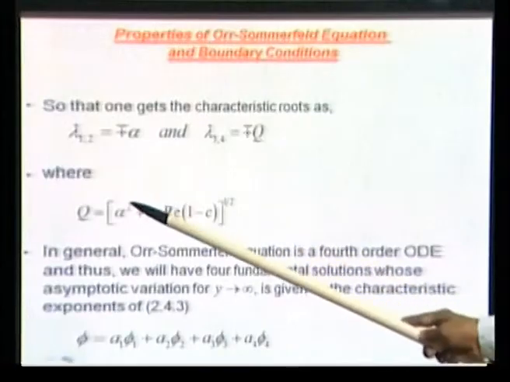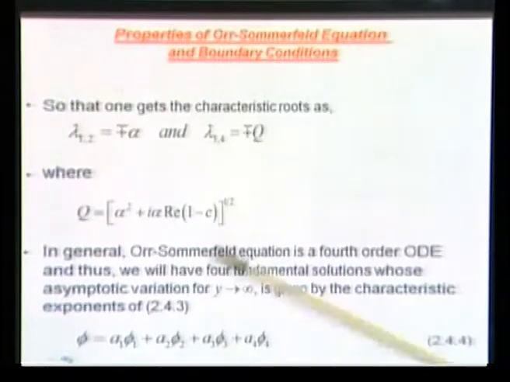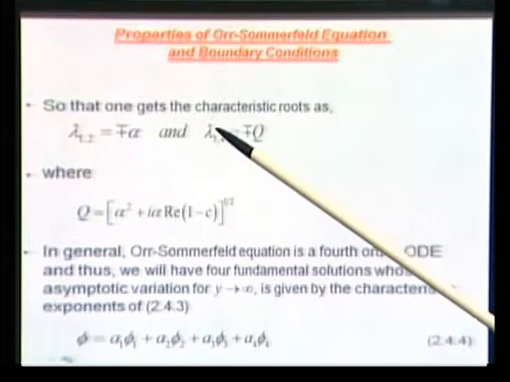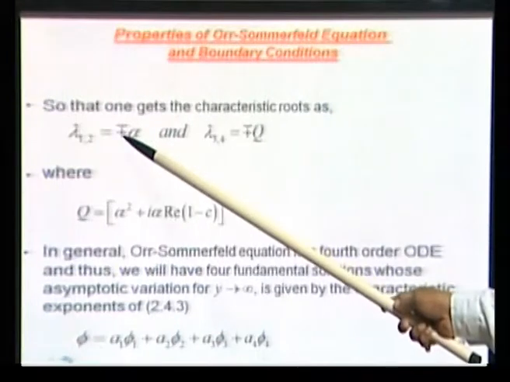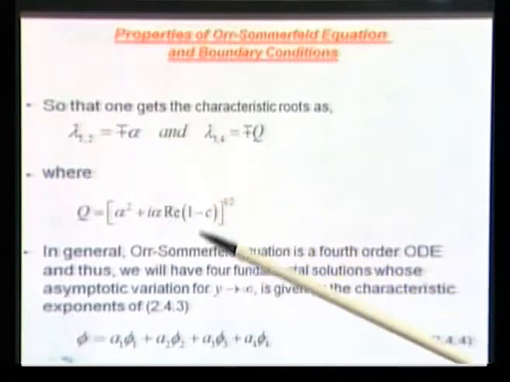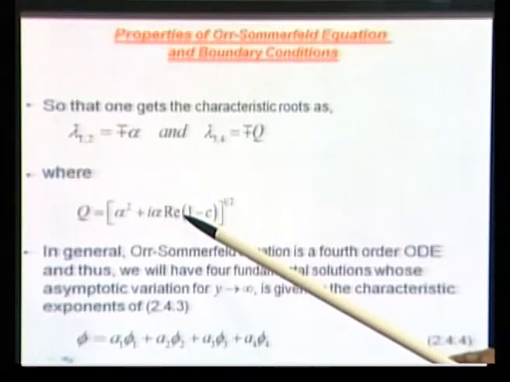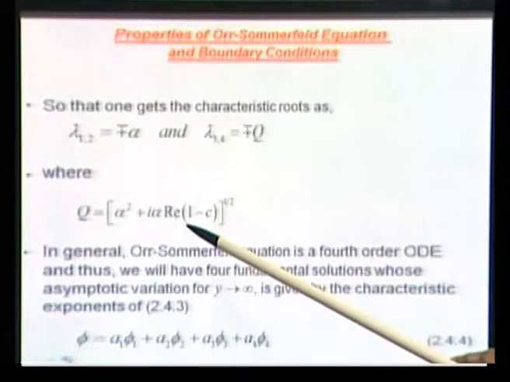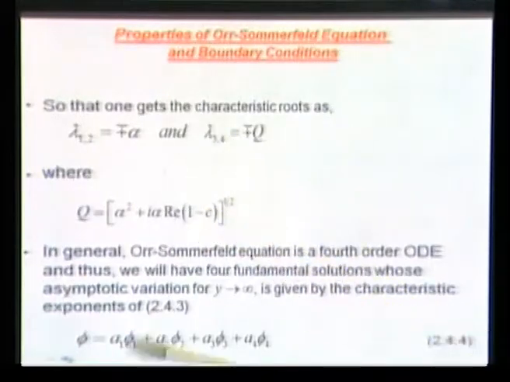Q square is alpha square plus i alpha R e into 1 minus c. So, you can identify those 4 modes. There is of course a very good reason to call this the inviscid mode. Why will we call this the inviscid mode? It does not depend on the viscous term, while lambda 3, 4 are called the viscous modes, because the viscous action comes through the presence of the R e term, right. So, that is what we identify.